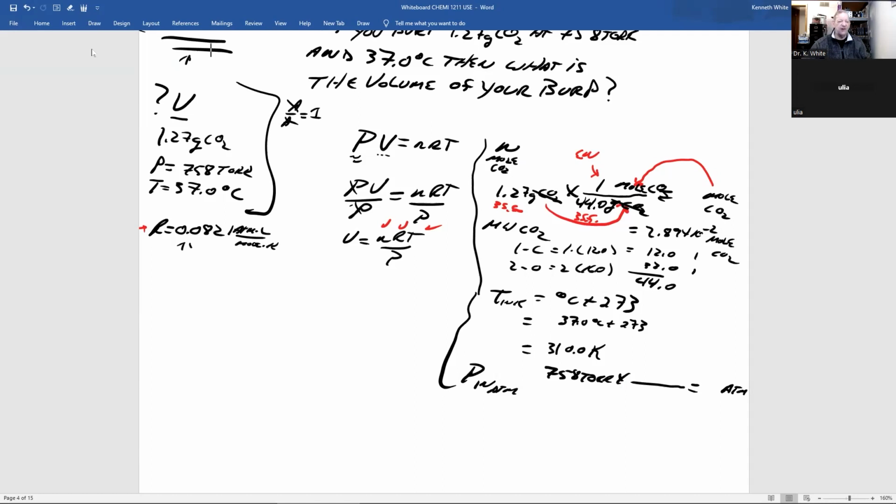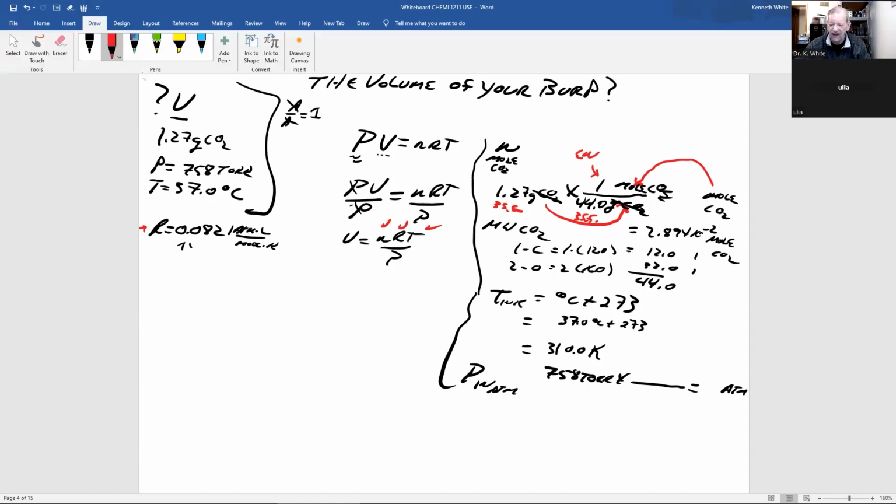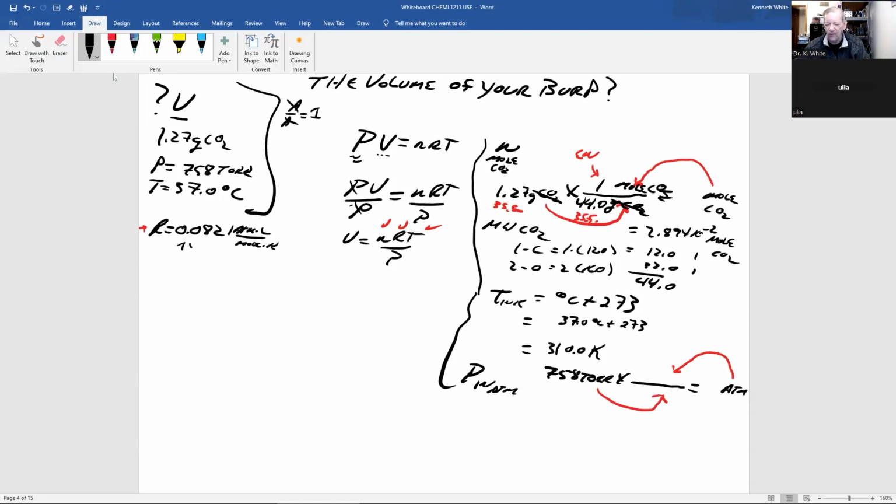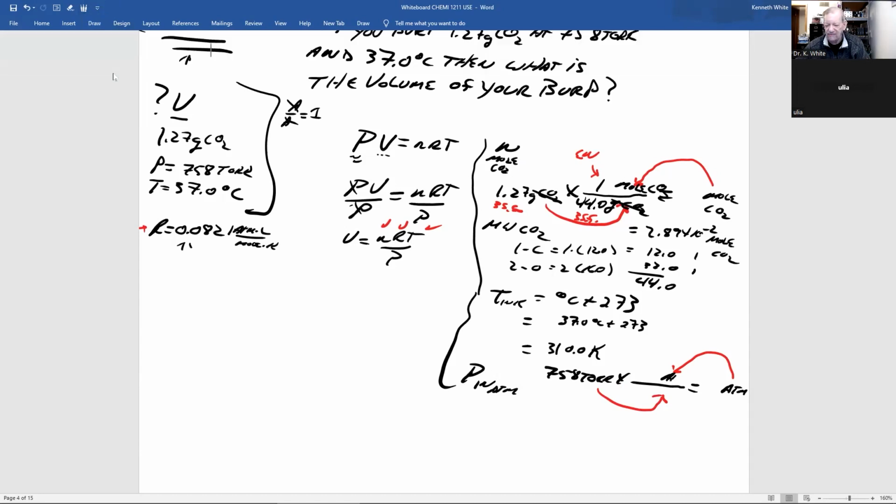And now we use our good buddy, our good friend, unit analysis. Whatever we're trying to get to goes on top of this ratio. Whatever we're trying to get rid of goes underneath. So we have atmospheres and torr. And where do we get these numbers that go in that ratio? Well, in the past, you'd have to memorize it. Good news.